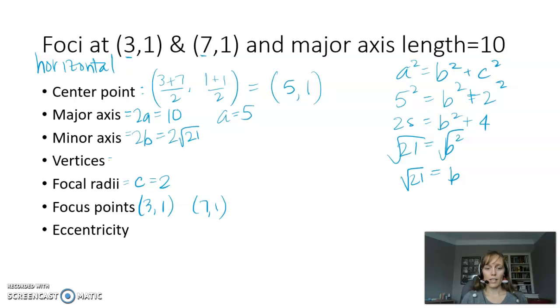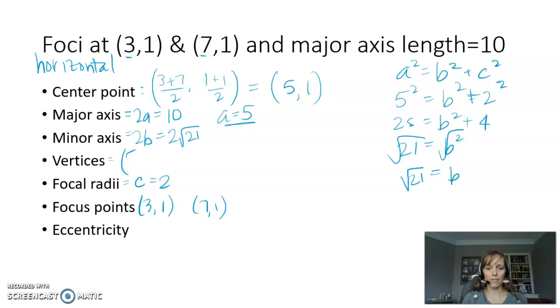My vertices then, remember, we're adding from the center point. So on the major axis, which has distance of 5, I take my center point. It's a horizontal, so my major axis is the change in the horizontal. I take my center point and I add and subtract 5.